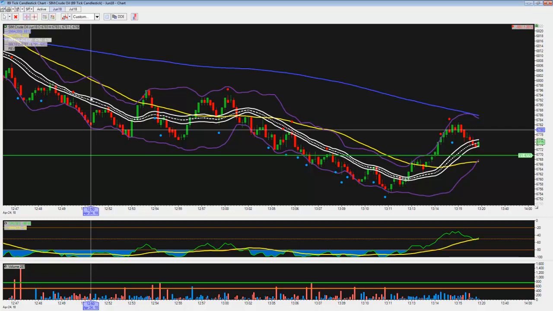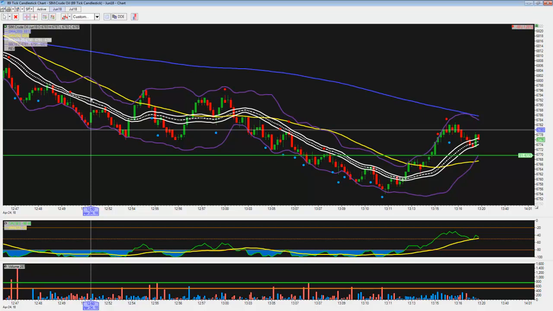So that's some of the thought processes that's in here, and maybe some of this stuff will start to make sense and sink in at some point. I know that the turning points involve the volume area.